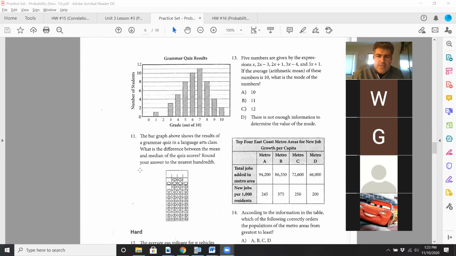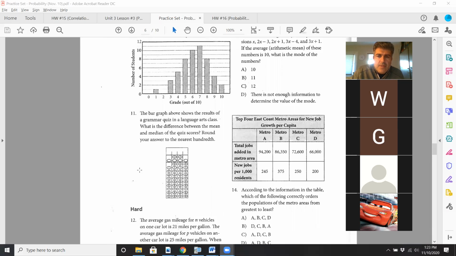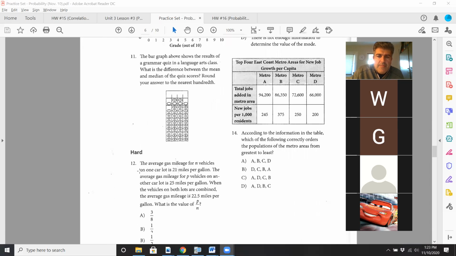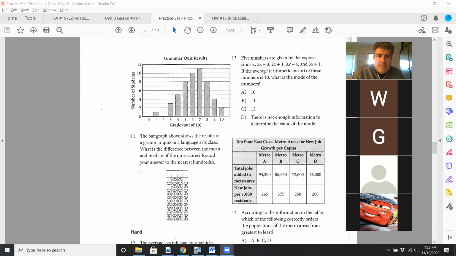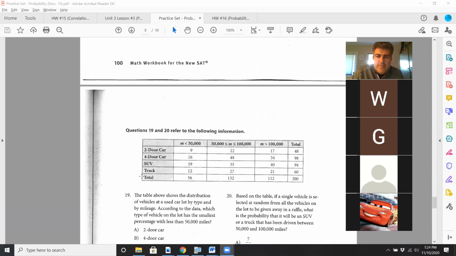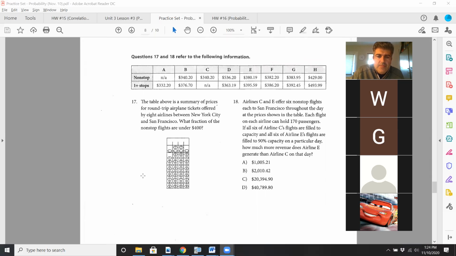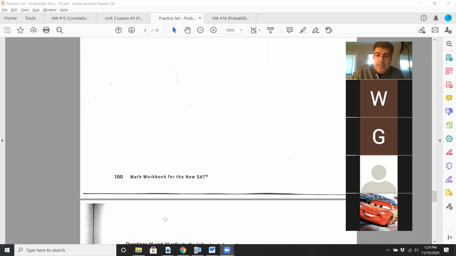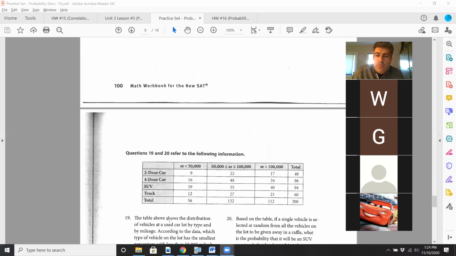Maybe we'll just do the last. I kind of like some of these other problems too. Maybe we'll do 11, 14. Well, definitely 19 and 20. Yeah, 17 is probably good too. Let's do 17, 18, 19, 20. How about that? So we'll do 4 problems.